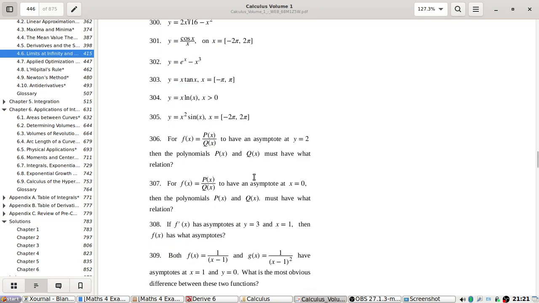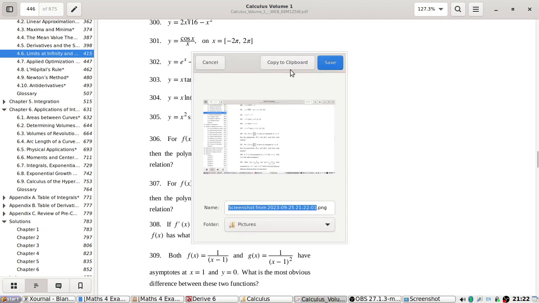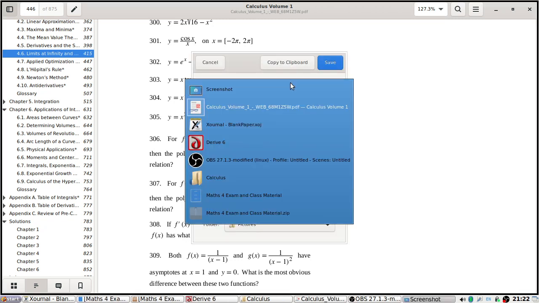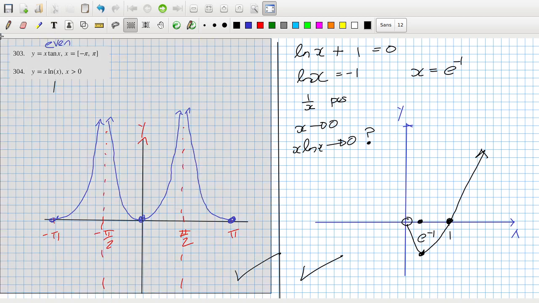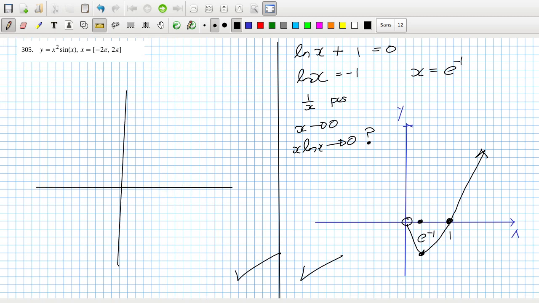Okay, and let's have a look at x squared sine x then. X squared sine x. Okay, so that's 2 pi, minus pi, minus 2 pi.